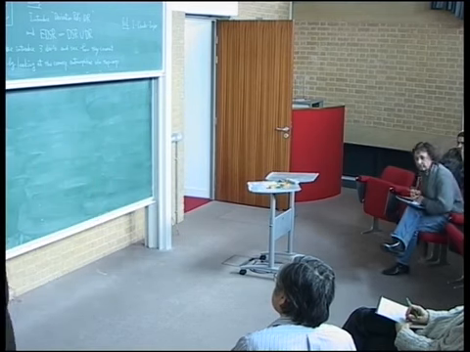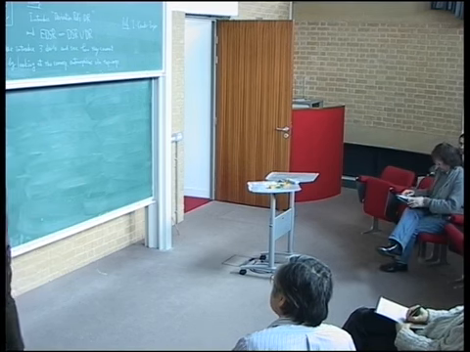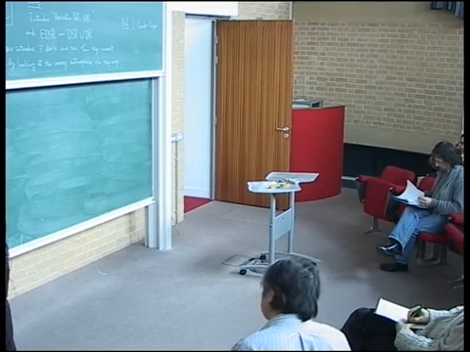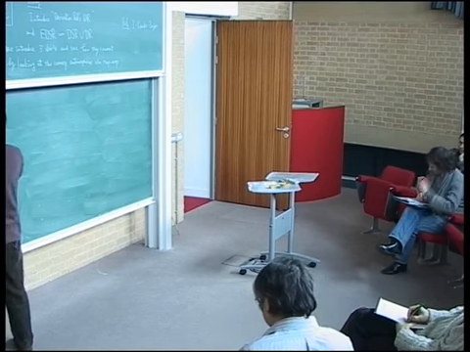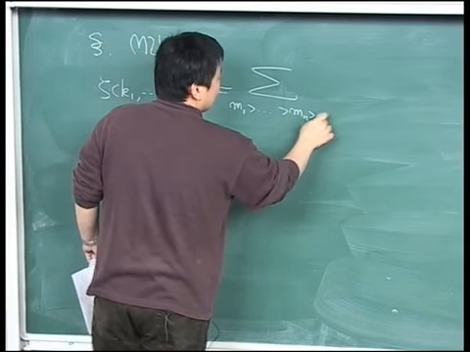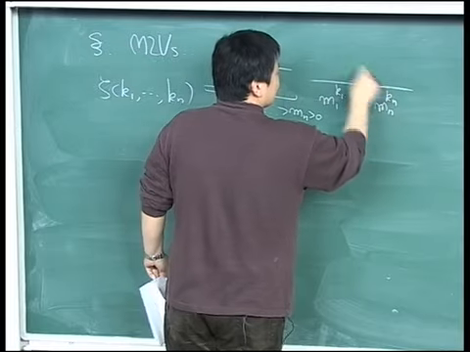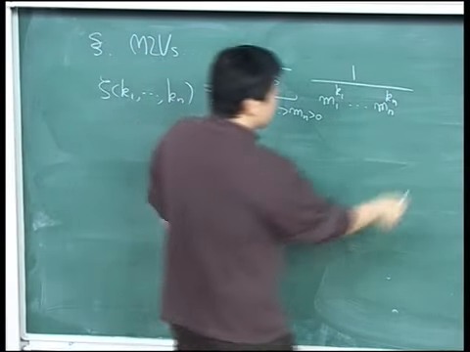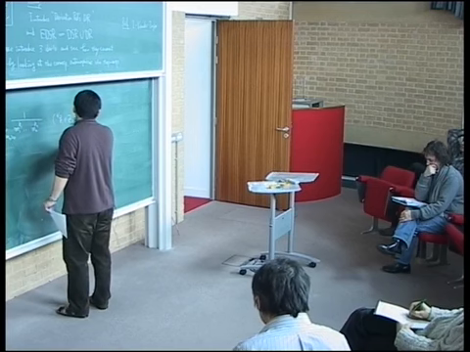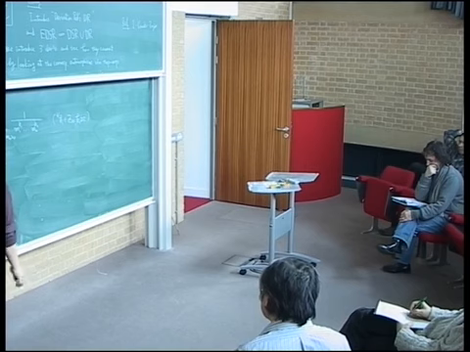Okay, so let me start from the definition of zeta values. In my notation, the multiple zeta value is defined this way, where all k are positive integers, and the first index should be larger than or equal to 2 for the convergence condition.